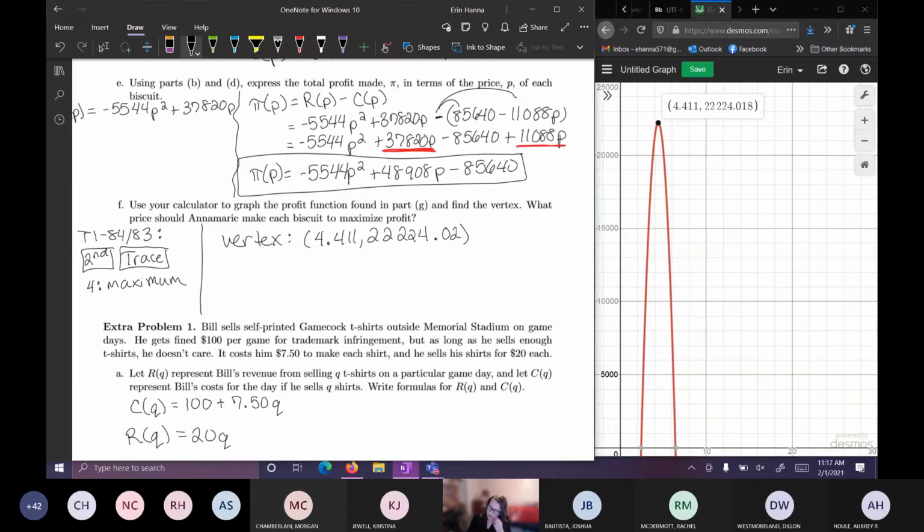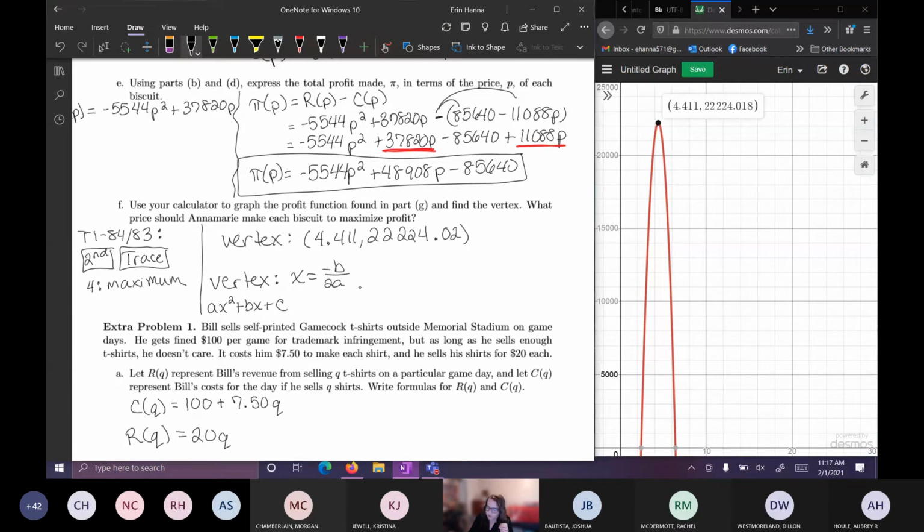One other thing I want to talk about really quick is if you were to do this algebraically. If we have some ax squared plus bx plus c, finding the vertex algebraically, the x value is always at negative b over 2a.